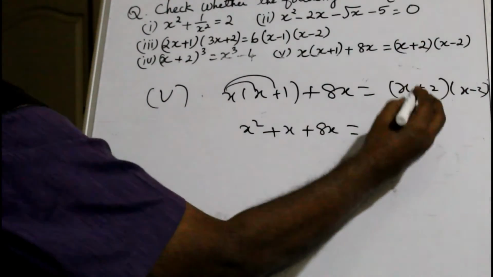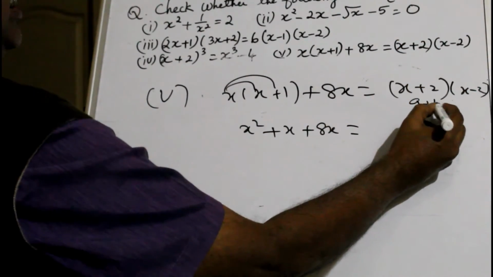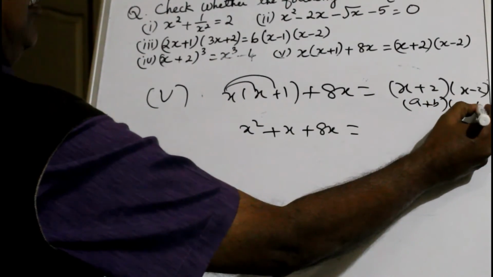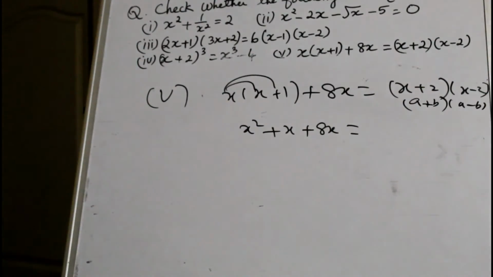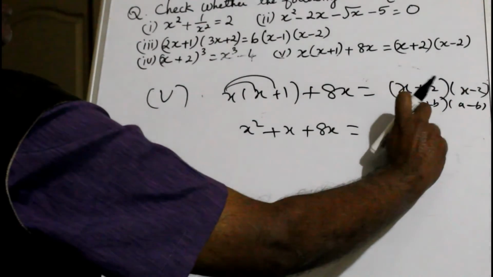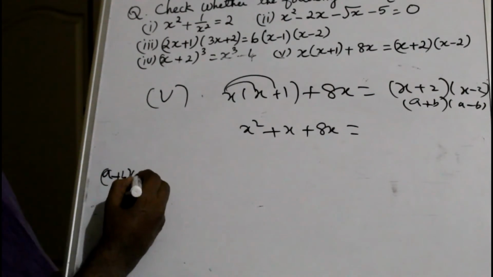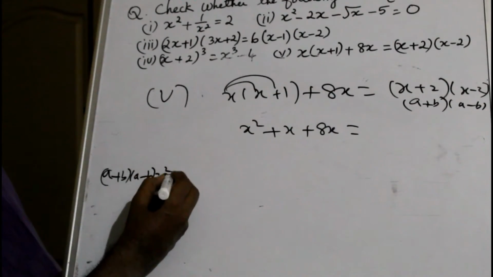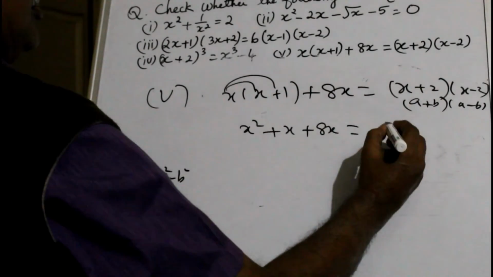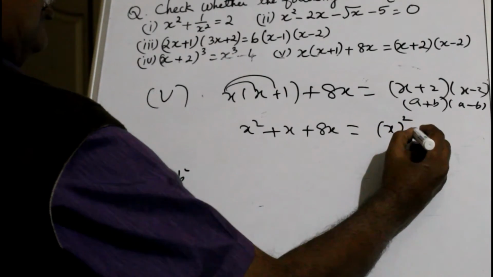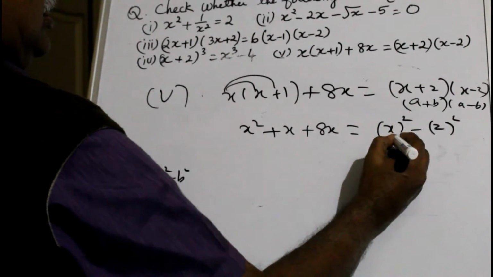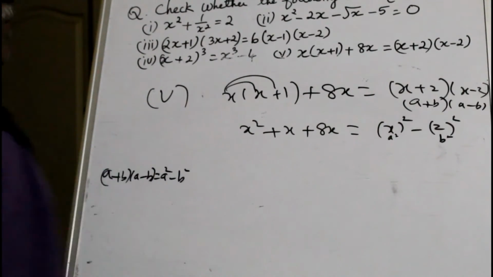Here you can multiply one by one, but use the formula a plus b into a minus b. X plus 2 into x minus 2 is nothing but a plus b into a minus b. We know the formula a plus b into a minus b is a square minus b square. So you can write this as x the whole square minus 2 square, that is a square minus b square.